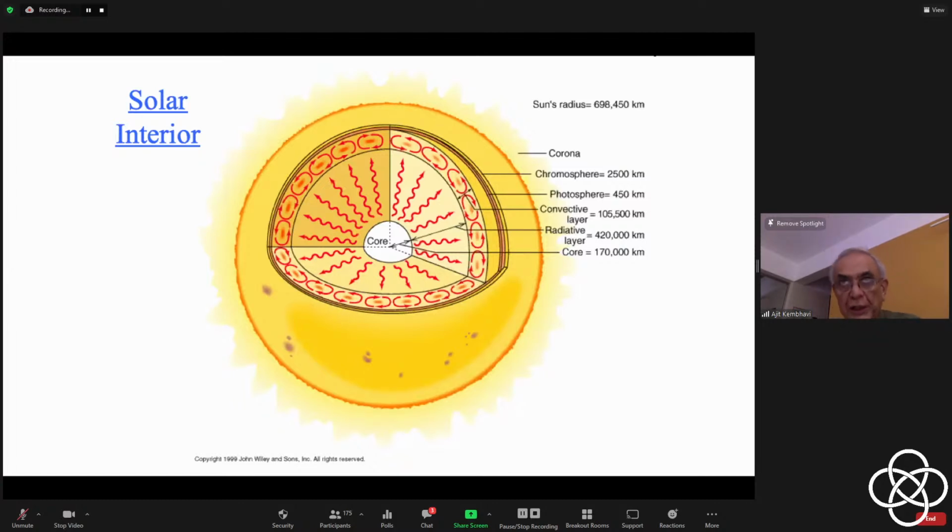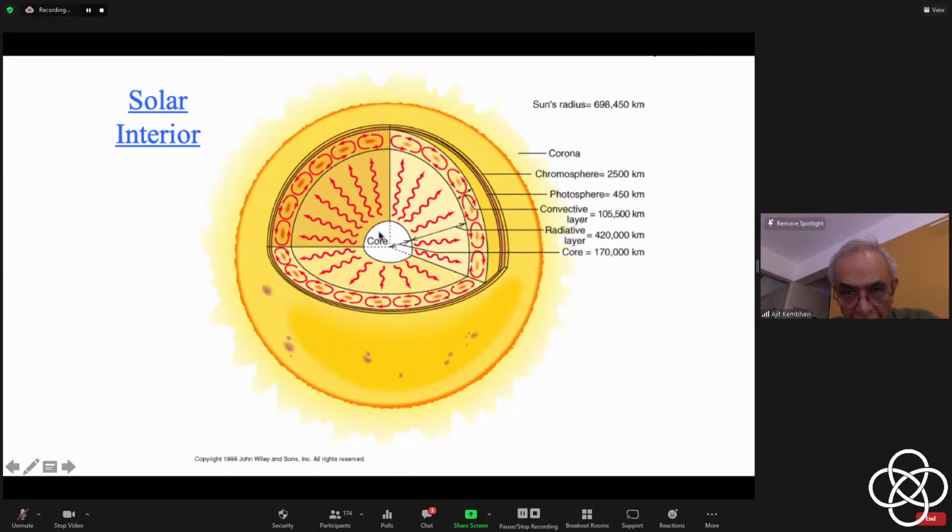So eventually, in about 10 billion years, the hydrogen will be completely exhausted. When the hydrogen is exhausted, the energy generation stops. So the star becomes slightly cooler inside, and the matter inside will start collapsing. At the same time, because matter collapses, gravitational energy is released, and the outer part is heated, and it starts expanding, and it becomes a red giant.